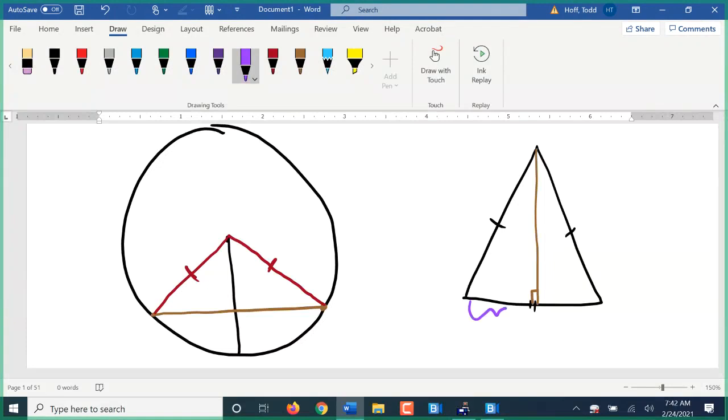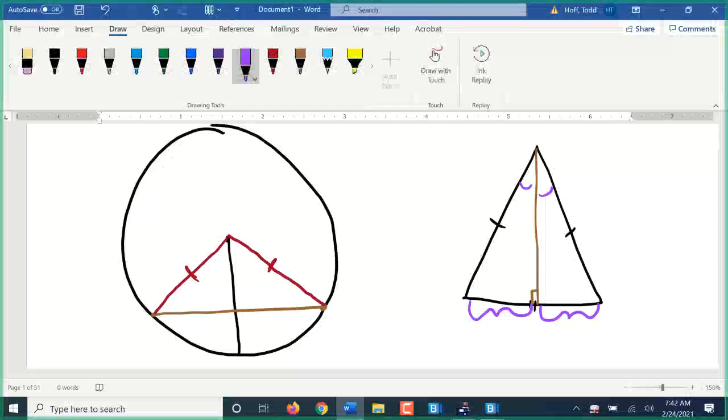The bottom side. There you go. Yes, it cuts this other side in half. Median. It actually cuts something else in half too. What else? Angle. So not only is it a median cutting the opposite side in half, it is also an angle bisector, cutting the angle in half.